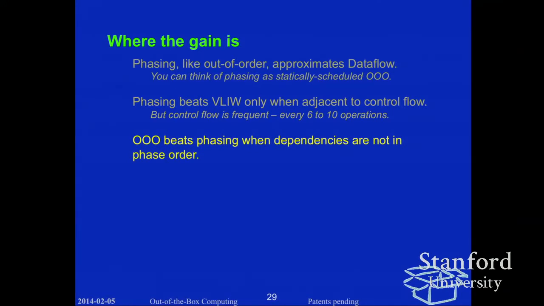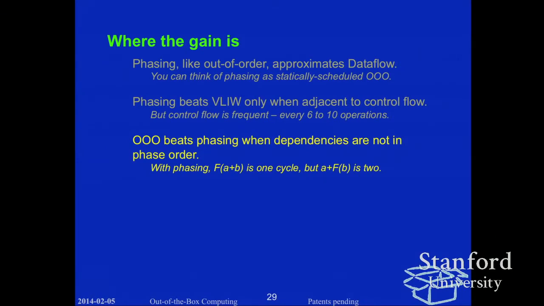OOO, out of order, beats phasing when the actual dependencies of the data flow are not in the phase order. The phase order is fixed on a Mill. You can't change it. So, for example, a function call whose argument is an add is one cycle on a Mill.